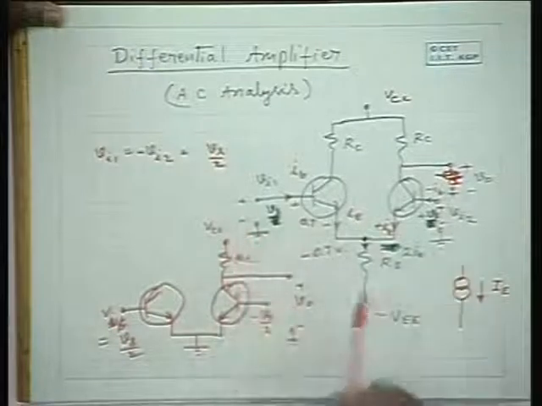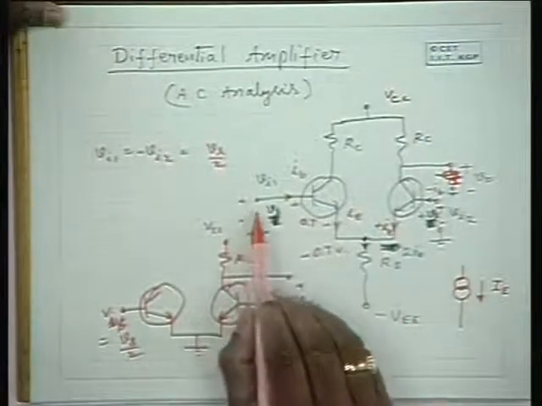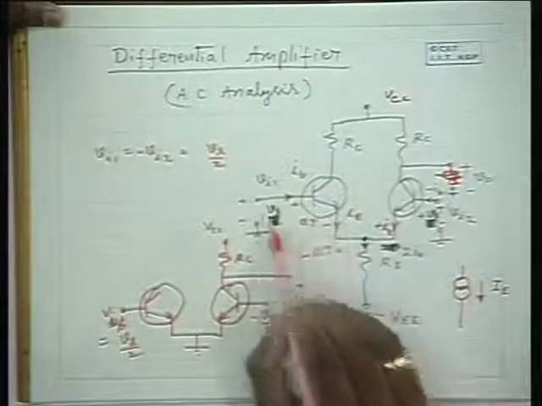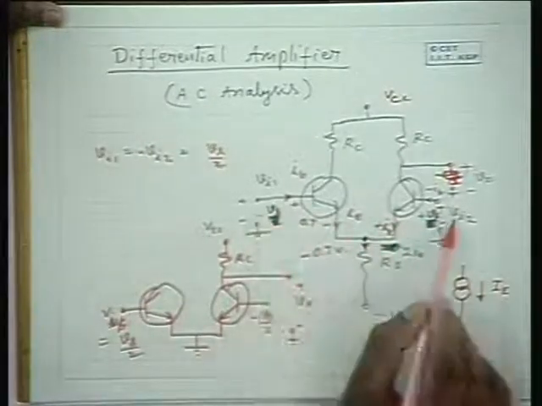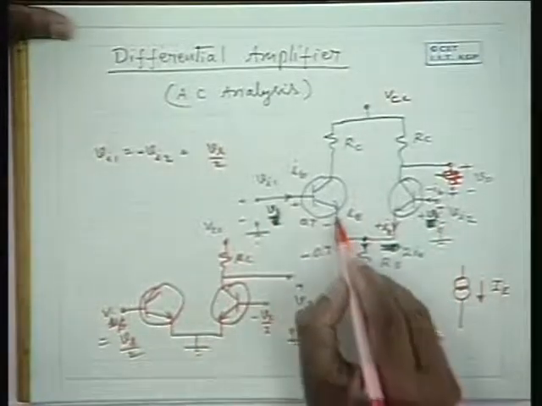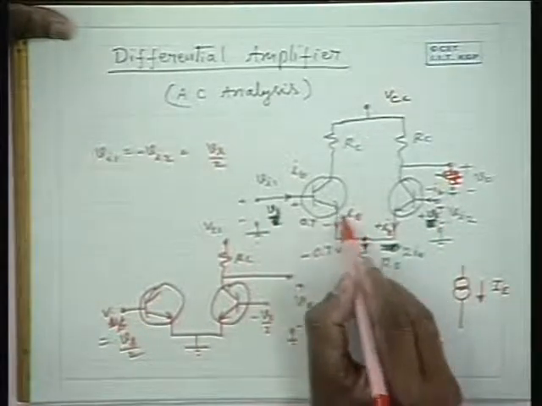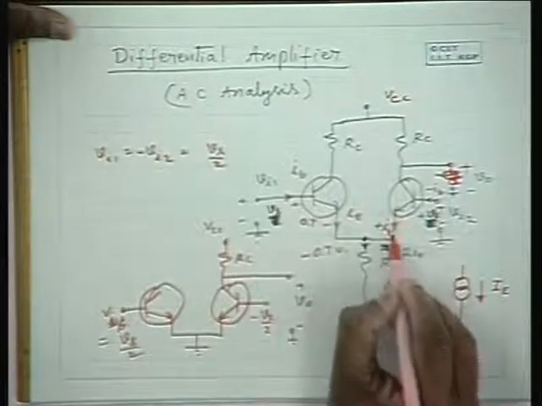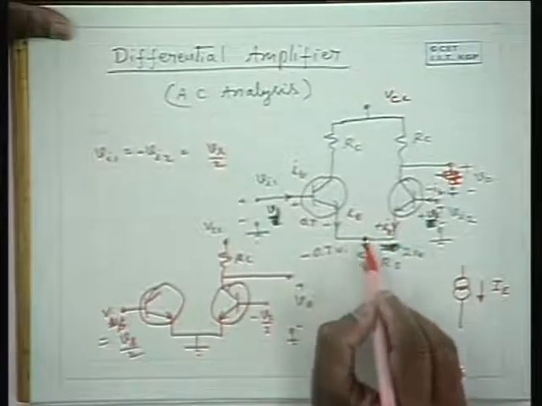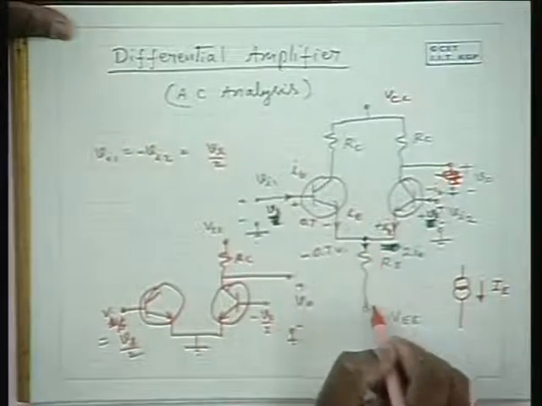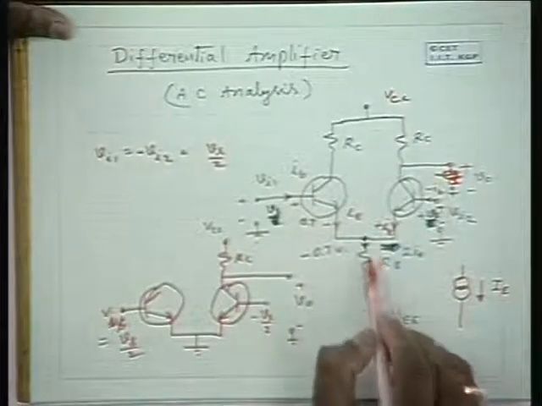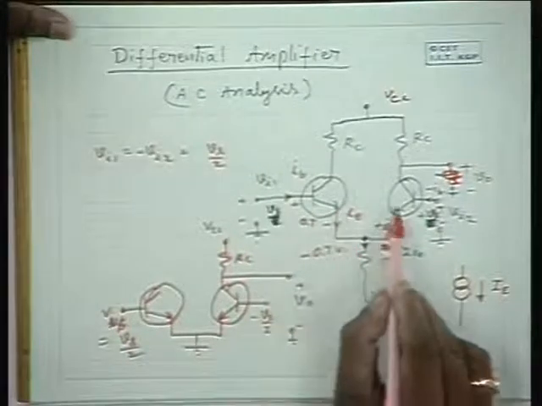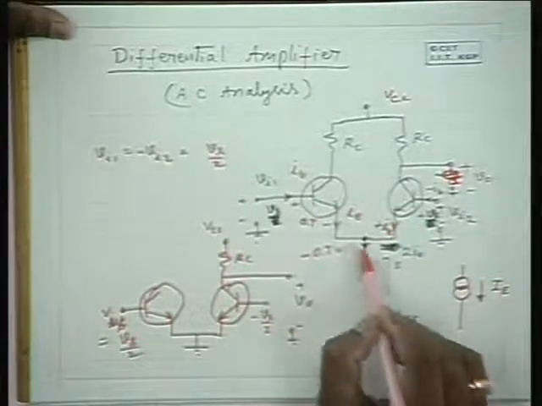Now, for common mode signals, when we apply a voltage which is equal and in phase to both the inputs, we expect some increase in the emitter current here and an increase in the emitter current here. But if you use a constant current source, it does not allow the current to increase.